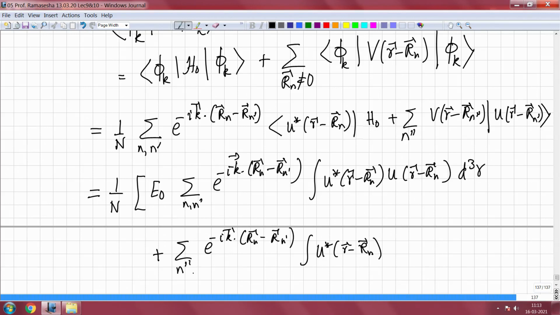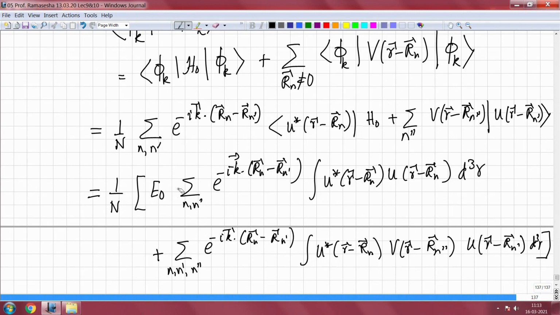I can also put here, I have to have summation over n and n prime and n double prime, v of (r minus r n double prime), u (r minus r n prime) d cubed r. So, the first term that you get is because of h naught.